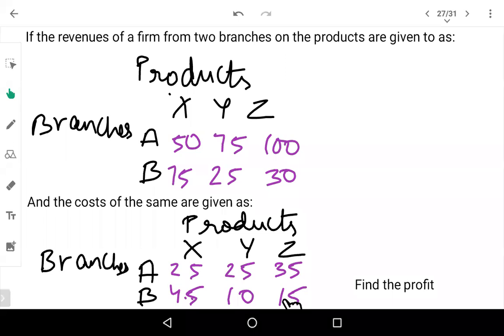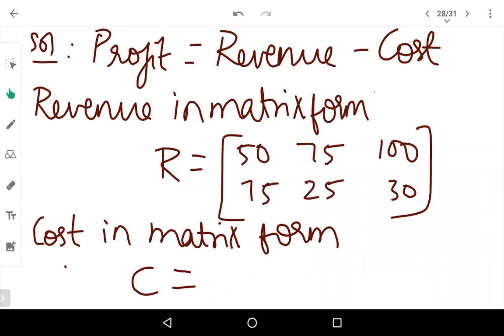Okay, this form I'm going to convert it into the matrix. So here 25, 25, 35, 45, 10 and 15. So I have two matrices. One is revenue matrix. The other one is cost matrix.